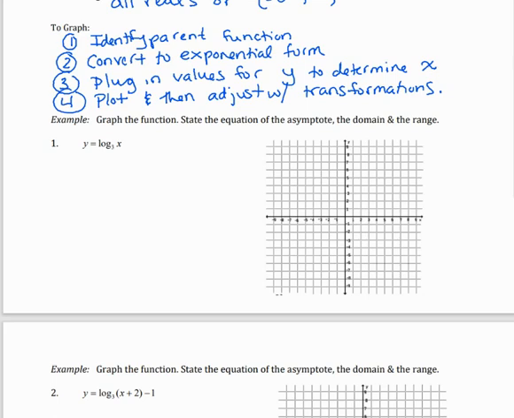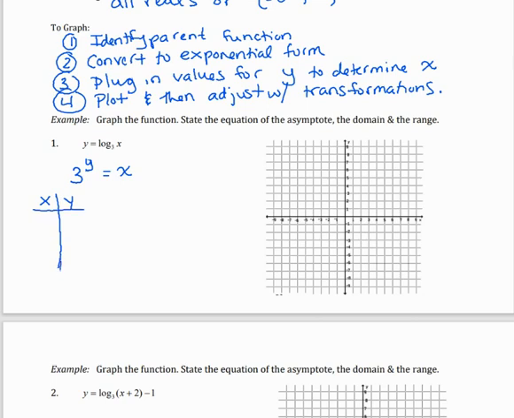Remember, for exponential form, our base is 3, so 3 to the y power will equal x. Again, that conversion comes from the top of our notes. Our base is 3, the exponent is what the log equaled, and what I took the log of is what the exponential equals. Now that I did that, I'm going to make a table of values.